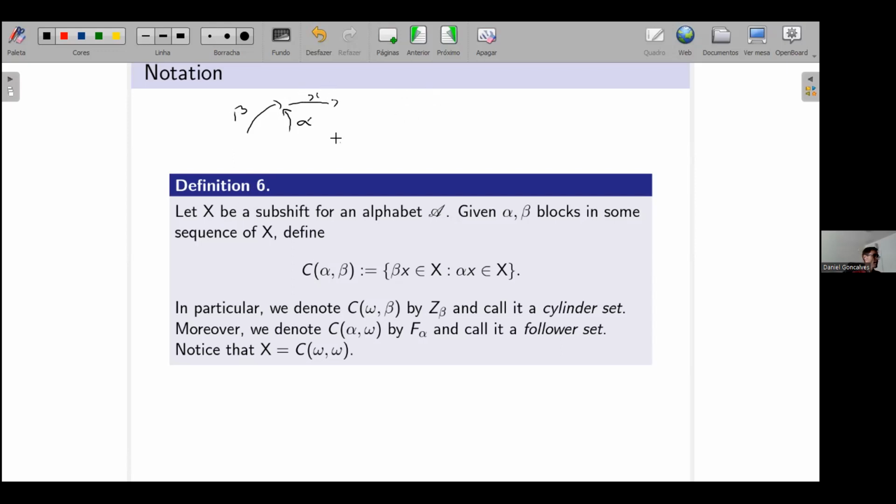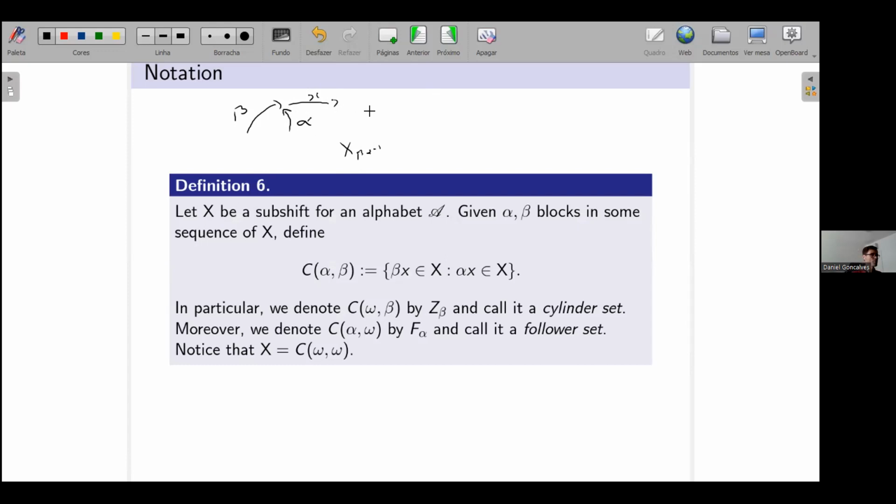And then beta alpha minus 1 was all the elements that start with beta, and I could erase the beta and put alpha in front. But anything that follows beta here also, this x, also follows alpha.